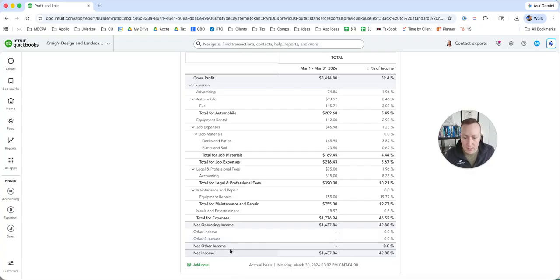Now at the bottom, another thing that can be frequently labeled as different words is net income. So some people call it profit, other people call it net income. You can see here, QuickBooks calls it net income, and that's totally fine. If someone is talking about their profit, my mind immediately goes toward the bottom of the P&L.